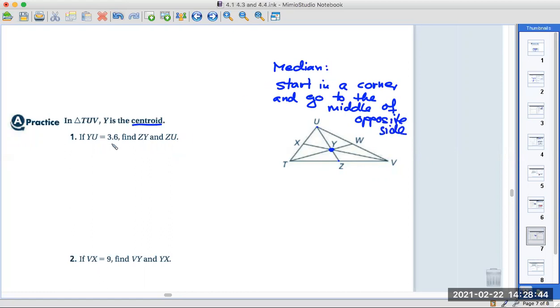All right, so we have some information. YU is 3.6. I'm labeling my picture. Find ZY.